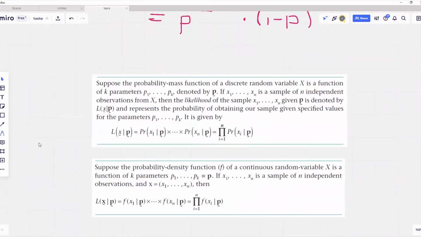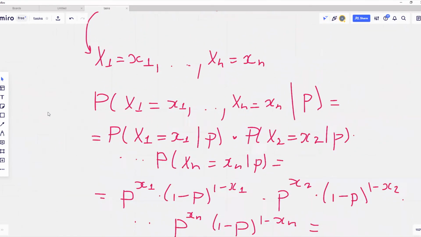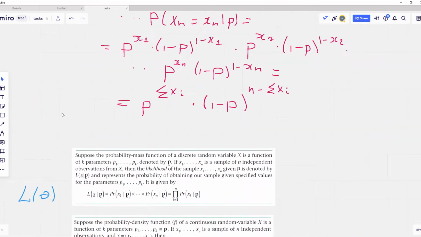So in our book, it is defined in the following way. The more common notation for the likelihood function is as a function of parameter theta, and theta is a parameter that we are trying to estimate. So in our case here, we are trying to estimate a single parameter P, the probability of the outcome of our coin toss.